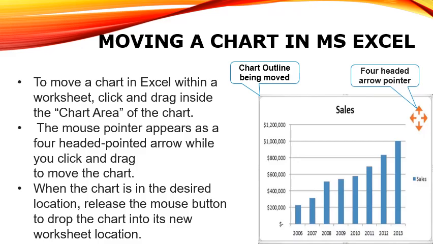The mouse pointer appears as a four-headed arrow while you click and drag to move the chart. When the chart is in the desired location, release the mouse button to drop the chart in its new worksheet location. With the help of these steps, we can easily move a chart from one location to another.